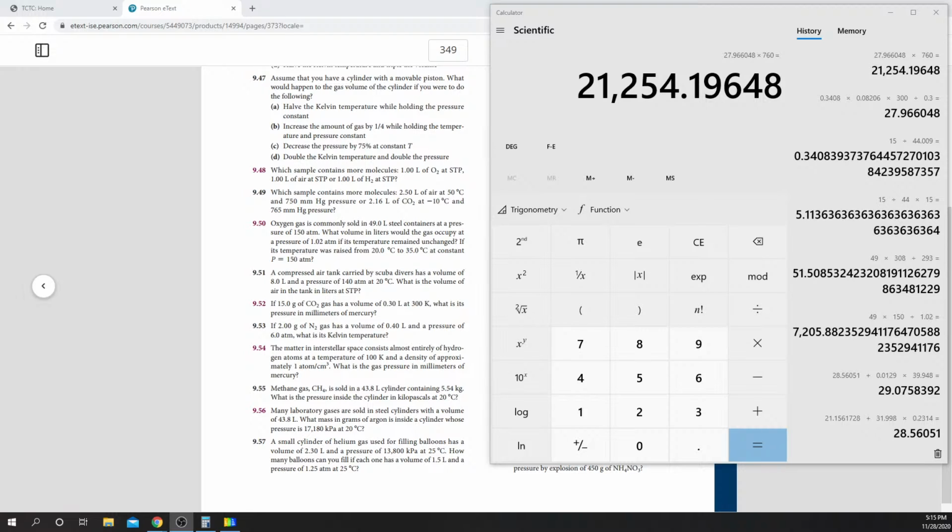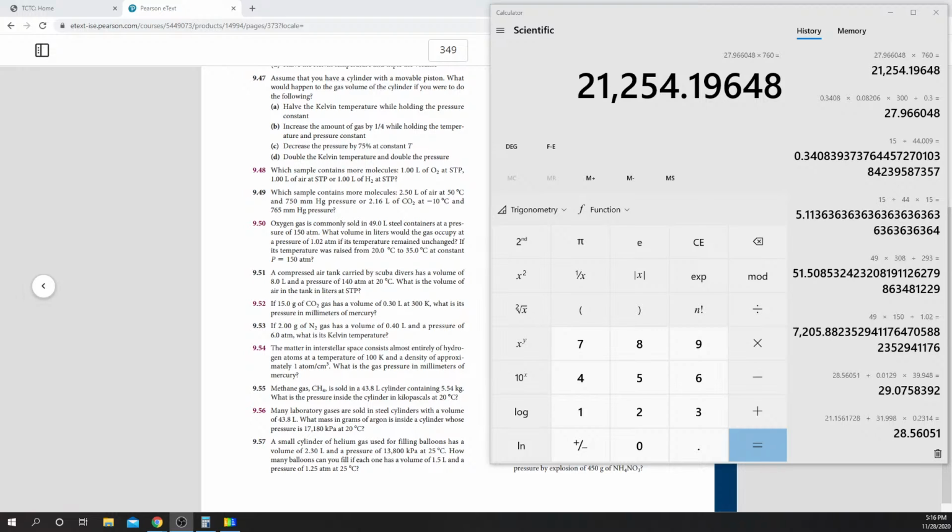1 atom per 1 cubic centimeter. A liter is a cubic decimeter, and 1 decimeter is equal to 10 centimeters, so we'd cube that. But we also have to divide by Avogadro's number to get moles.